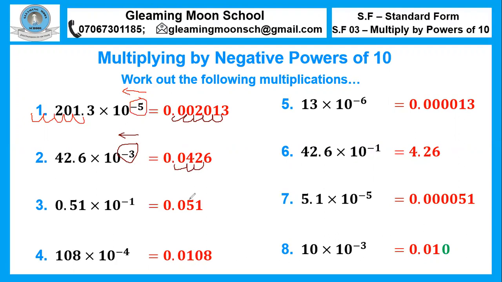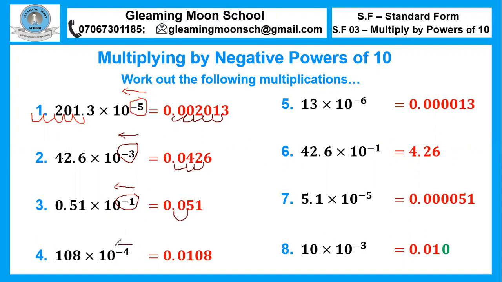So you can see where your new decimal point is. For number 3, your power says -1, so you're moving your decimal point once to the left. It was originally between 0 and 5, and if you move it once to the left, you can see where it gets to: 0.051.